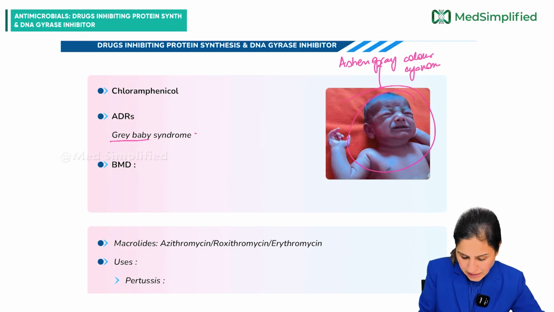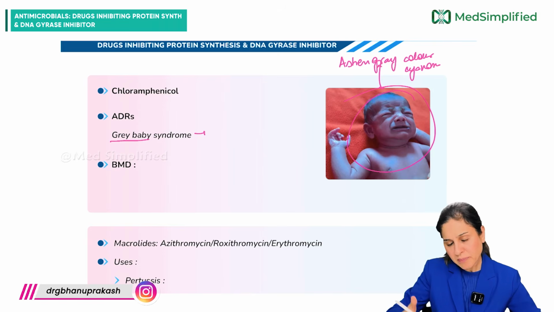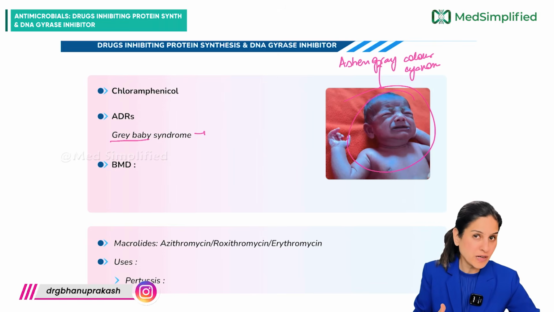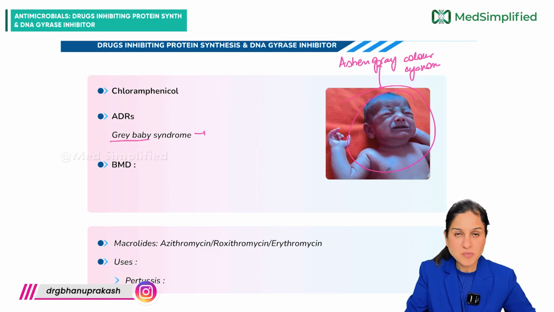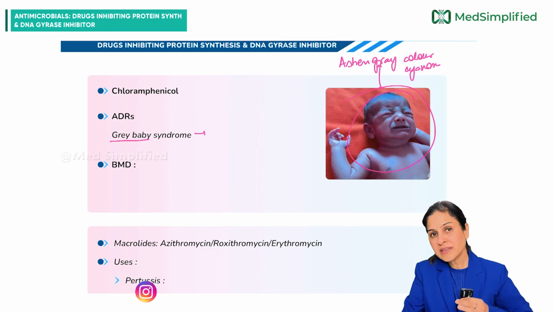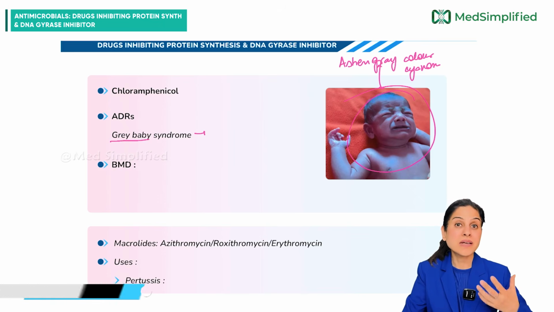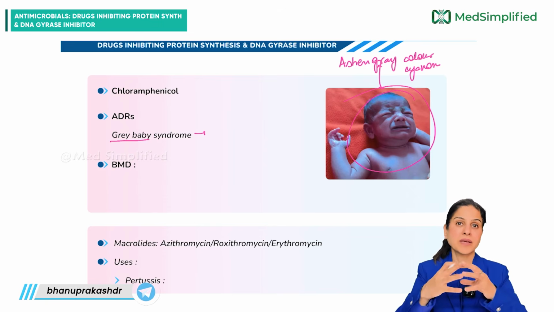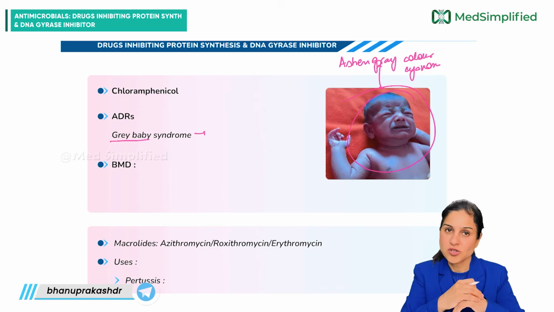So why is this gray baby syndrome occurring? Because in neonates, especially premature neonates, if you give chloramphenicol, their liver enzymes are not very well developed to metabolize it. Even their kidneys are not well developed so that the drug can be excreted. So there is an increase in the levels of chloramphenicol in the blood, and that leads to this toxicity.